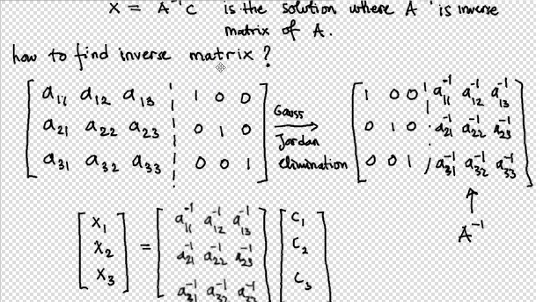So how to find the inverse matrix? You just write this augmented matrix. On the other side you have the identity matrix, and on the left side you have the original matrix, like this. And then you do Gauss Jordan elimination.